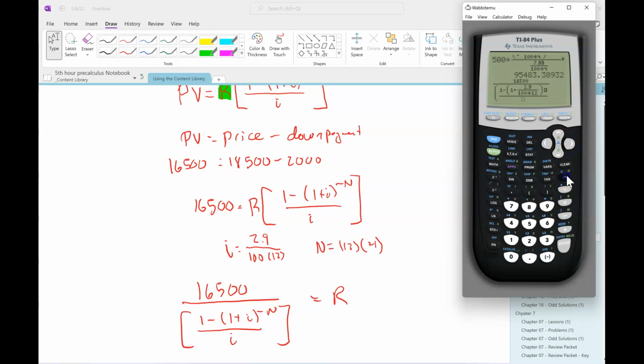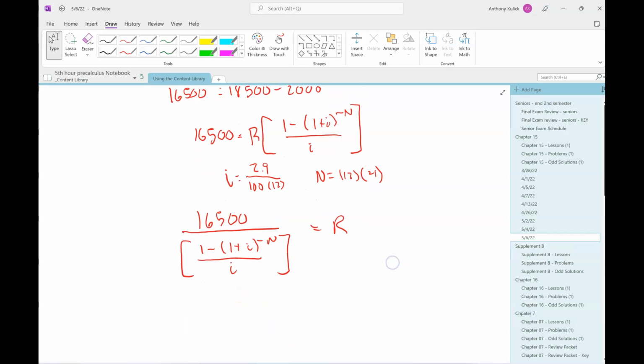Close my parenthesis there. Go to the exponent and do negative 4 times 12. Move to the denominator and do another fraction command: again, 2.9 over 100 times 12. Then go back and close my big parenthesis. And I should be good. So I get $364.49.